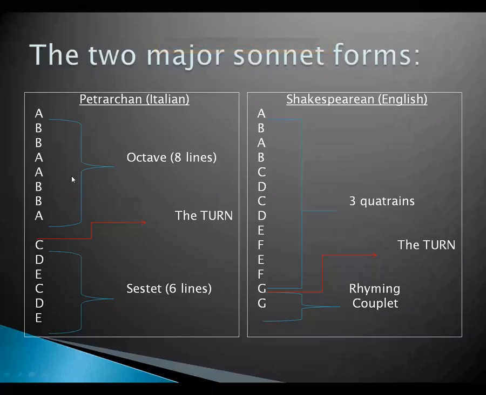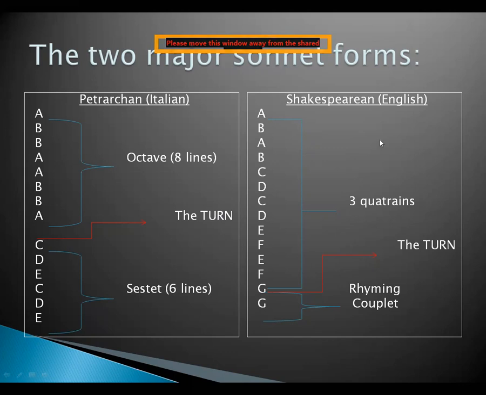Now you can see that these are the 2 major forms, Italian and Shakespearean, or you can say English sonnet. ABBA, ABBA, it is the octave, and then at the end of the octave is the turn in the Petrarchan sonnet, and then there is a sestet.